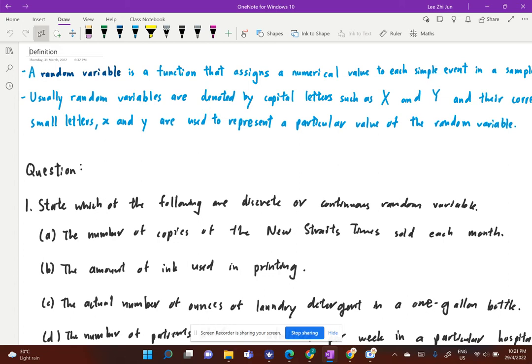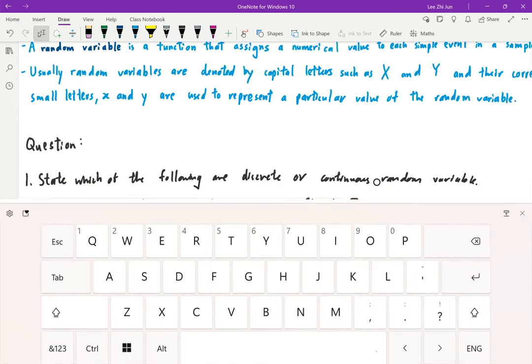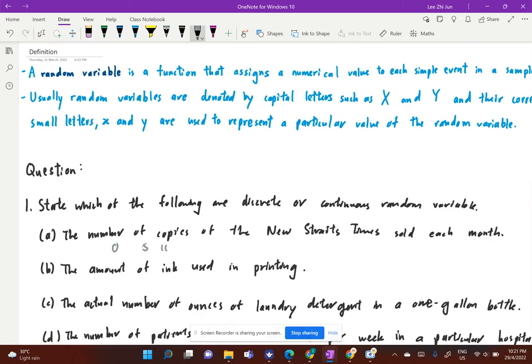Question 1. State which of the following are discrete or continuous random variables. A, the number of copies of the New Straits Times sold each month. The New Straits Times is a newspaper. You can simply note that maybe none of these newspapers were sold, or 5, or 10.